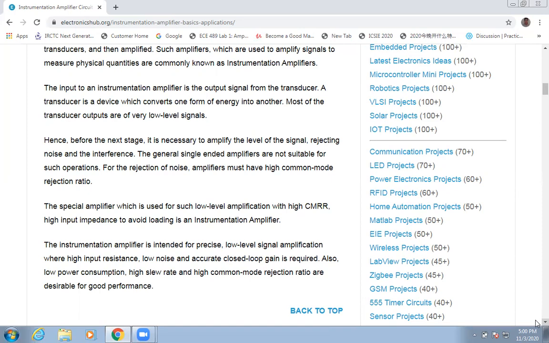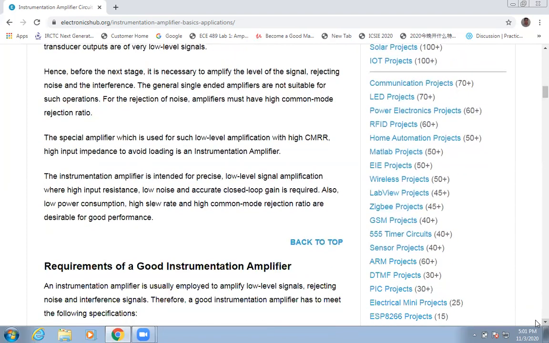The special amplifier which is used for such low level amplification with high common mode rejection ratio and high input impedance to avoid loading is an instrumentational amplifier.